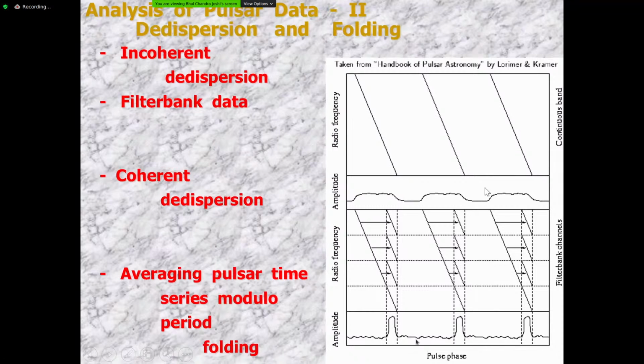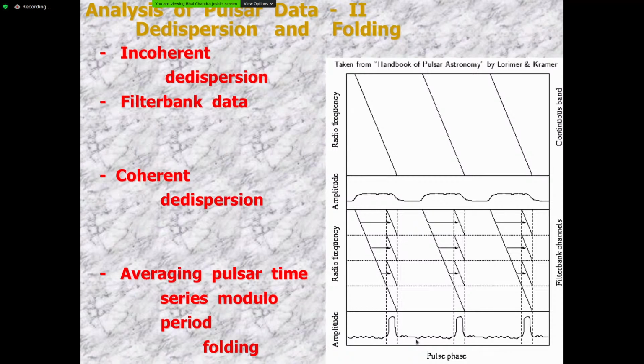The other method, which we looked at earlier, completely removes the dispersion smear, and is called coherent de-dispersion. The advantage there is that you can get very high time resolution data. So there are two ways of doing this analysis. In the earlier days, this was all done offline. That is, you recorded the voltages or powers and then did this in software offline.